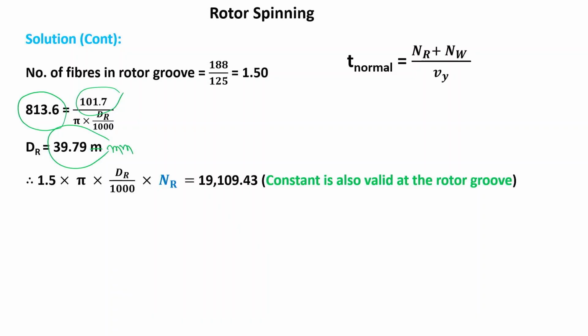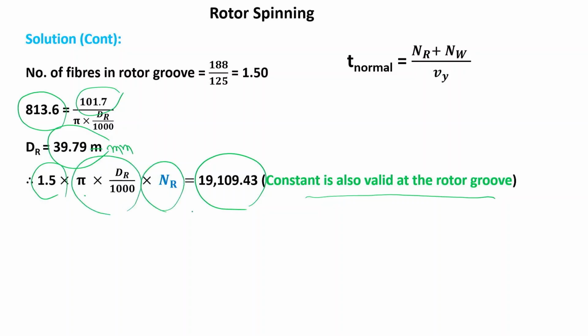we can calculate, this is the relationship. Constant also valid in the rotor groove. So, in the rotor groove number of fibers is 1.15 and pi dr nr, nr is the rotor RPM.